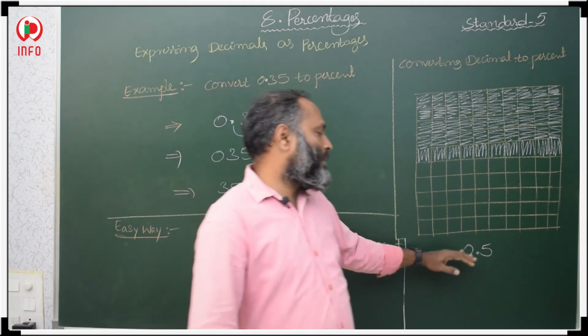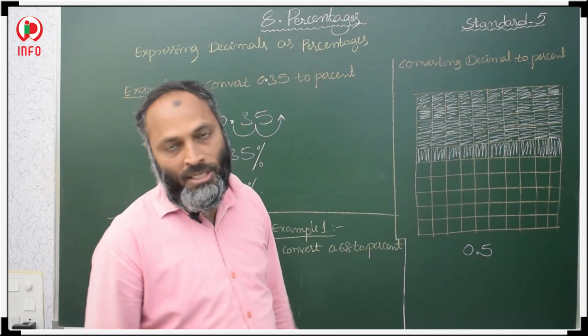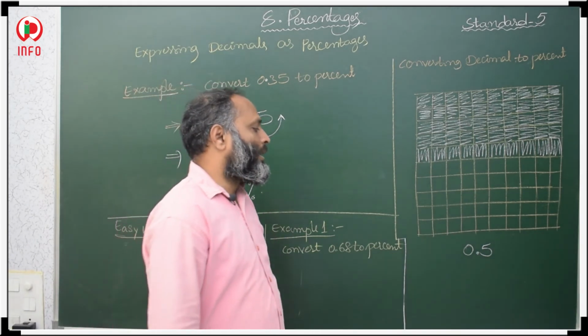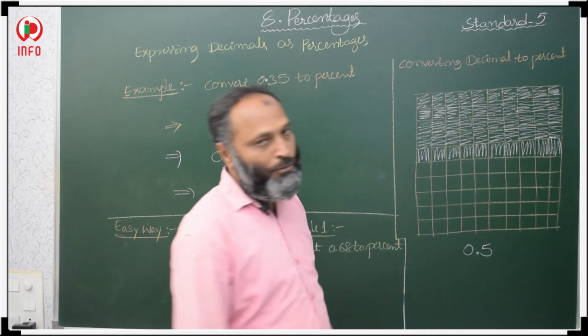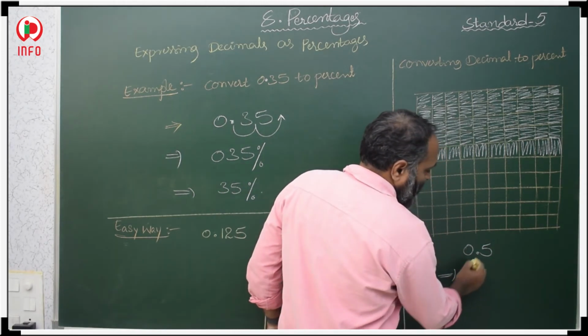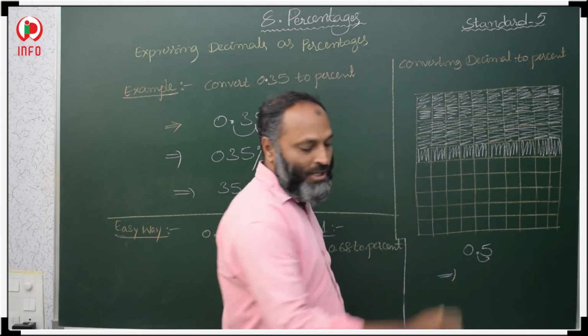Then how do we convert this decimal into a percentage? See here. We have to move 2 places from left to right. Only one place is there on the right side, so we need one more place.